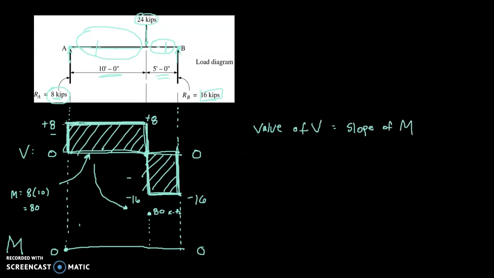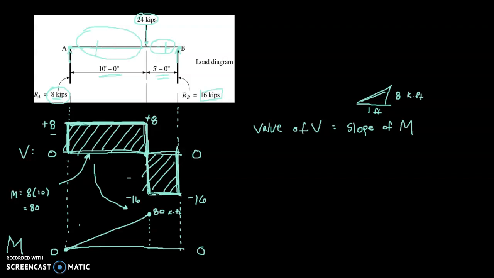So in other words, during this first 10 feet of the beam, the shear value was 8, meaning that the moment diagram is going to have a slope. It's going to go up 8 kip feet for every 1 foot traveled along that beam. And it's going to be a constant slope, which means the moment diagram is going to be a straight line, straight shot from 0 straight up to 80.